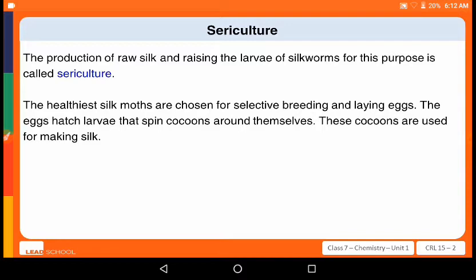So this process, through which we get silk, is known as sericulture.